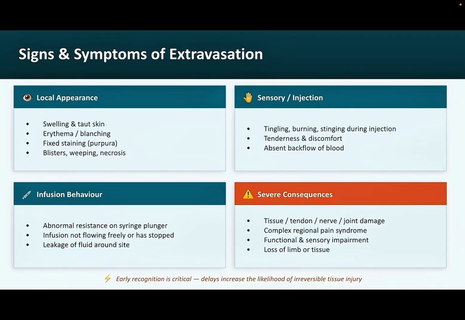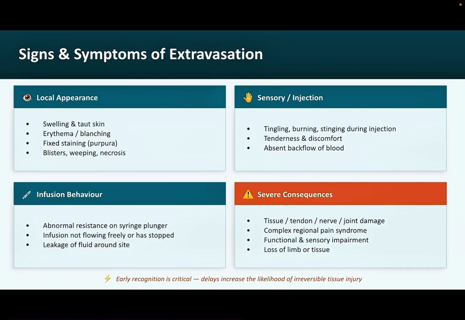What are the sensory features? The patient can complain of tingling, burning sensation, tenderness, and absent backflow of blood. In the infusion, there may be resistance to the infusion or the syringe plunger, and the infusion may not flow freely or may have already stopped, and there can be leaking around the site.